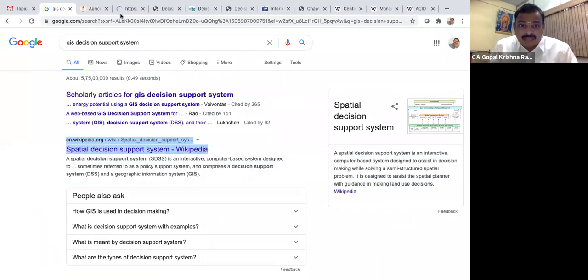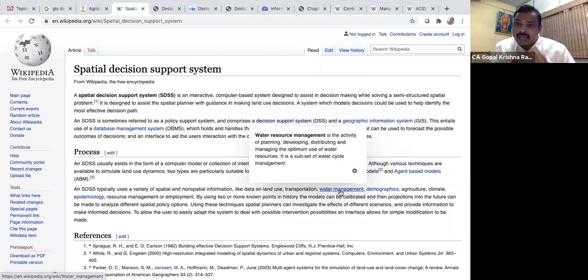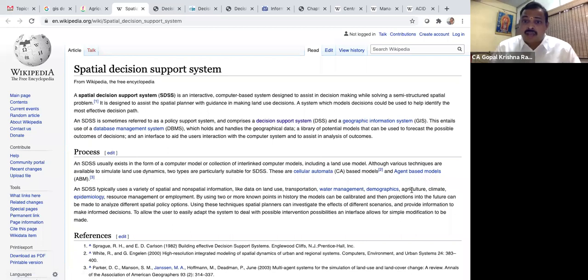Please read this. This is a very important input: you will learn about using technology in decision support systems, for example in water management, demography, agriculture. Water management, I gave an example. In agriculture, how can you use decision support system?